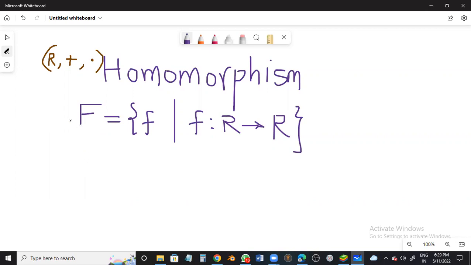Now, how do we define addition on the set F? So let us see.